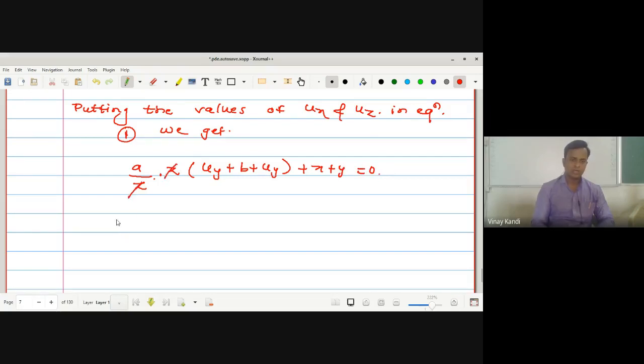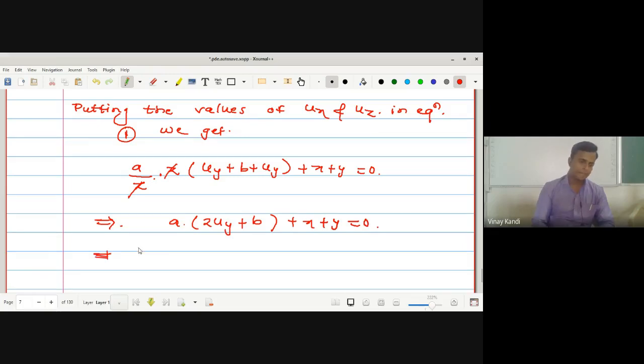So this gets cancelled, which implies a plus 2uy plus b plus x plus y is equal to 0.